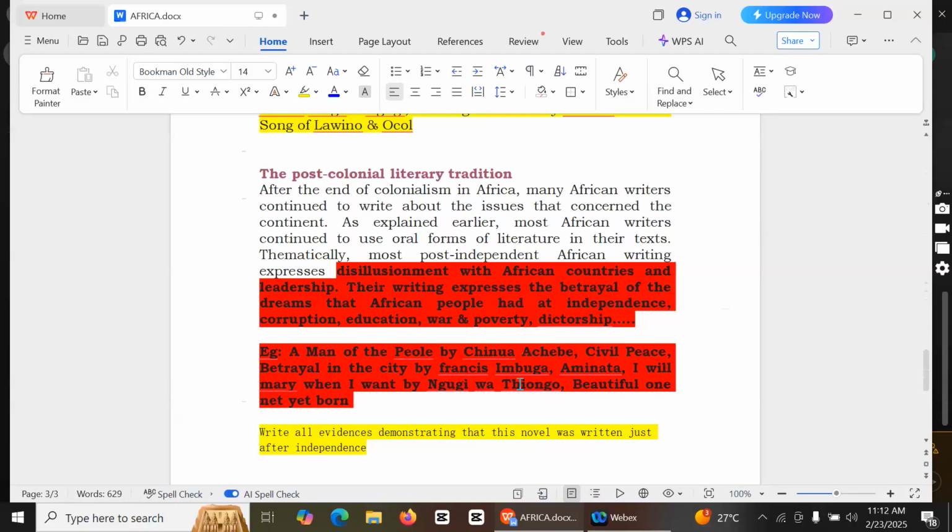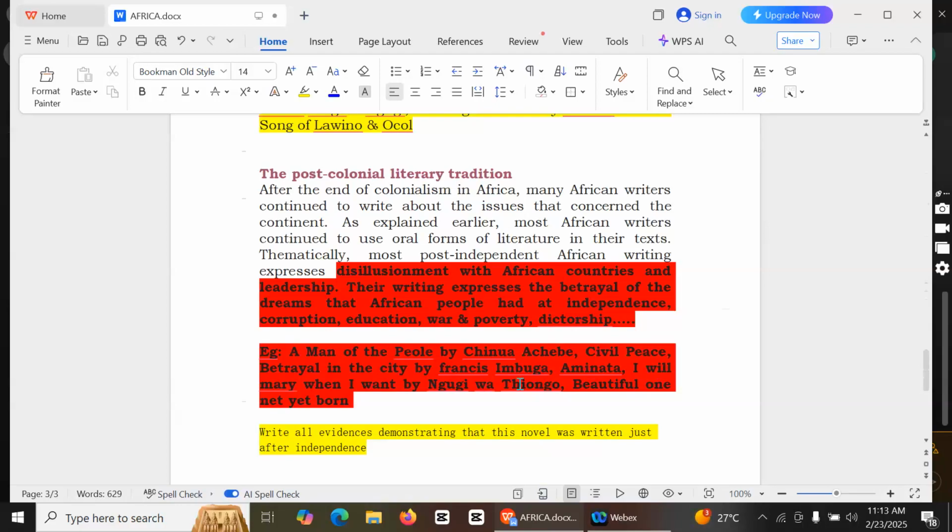They wrote about betrayal, about corruption, about education, about war, about poverty, about dictatorship. So these are the problems that Africa had after independence.